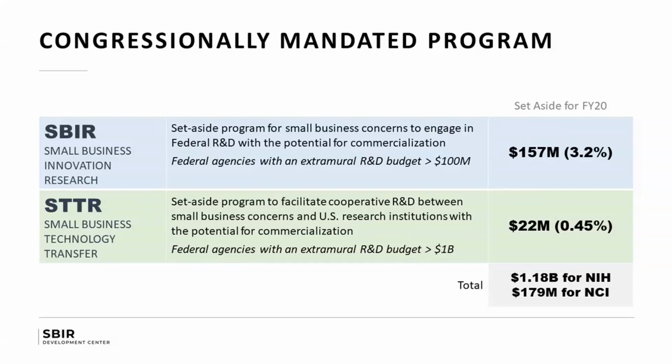And as you can see, our budget for this current year is going to be right around $180 million. But across the NIH as a whole, it's close to $1.2 billion. So it's a very large program, and it's really our major vehicle for supporting the development and commercialization of promising technologies for the detection and treatment of cancers.